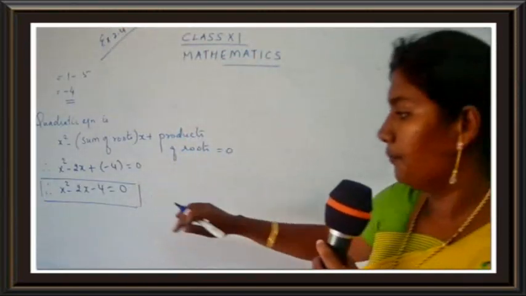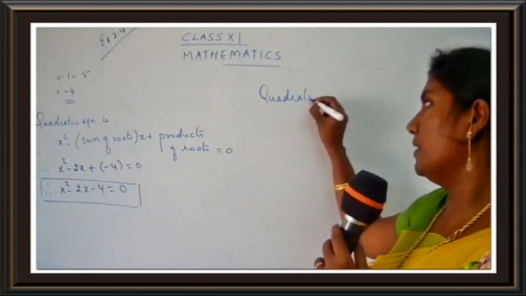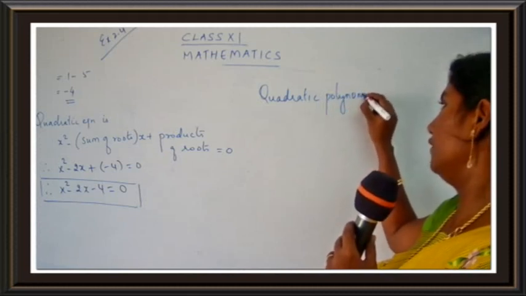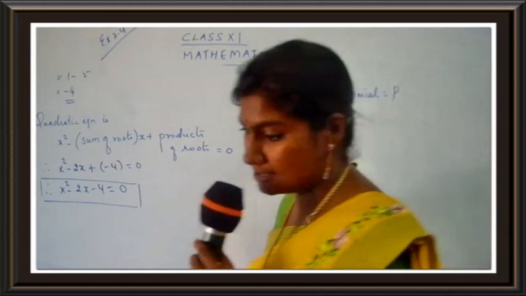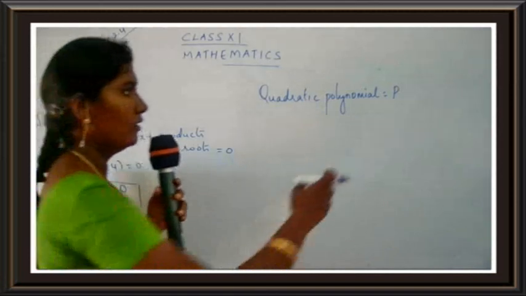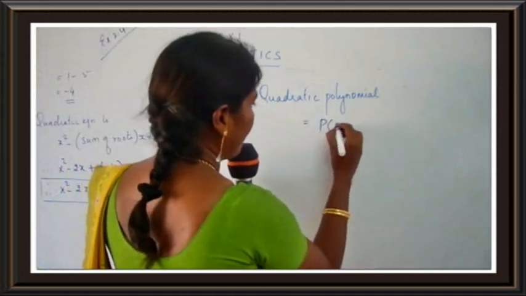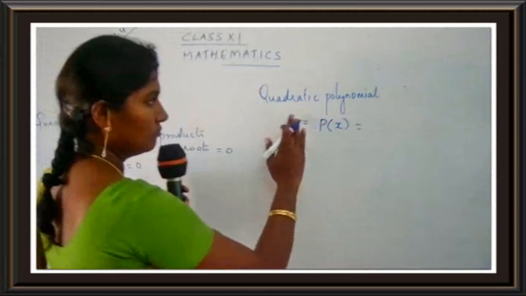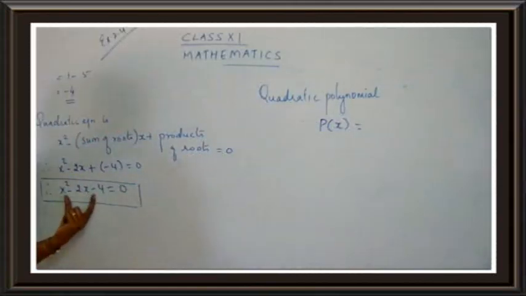Okay, so now the next part is finding the quadratic polynomial. So the quadratic polynomial is P of x is equal to, okay, I'll write down this here. This is P of x, and P of x is equal to, you have to just write down this equation.